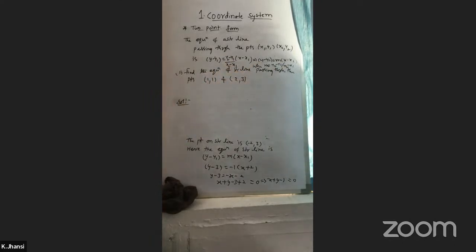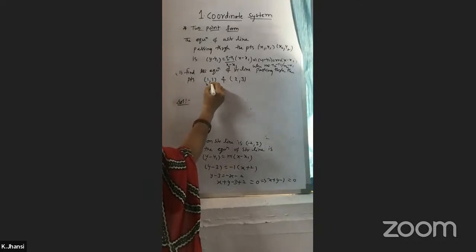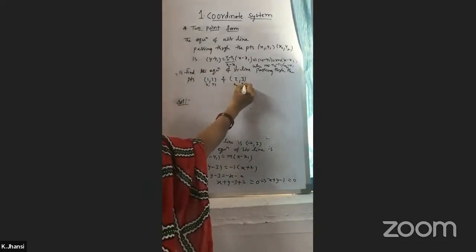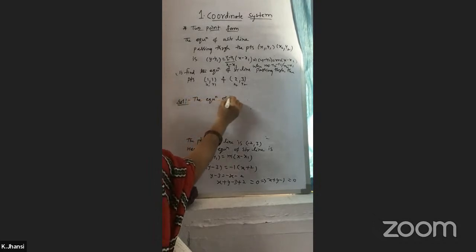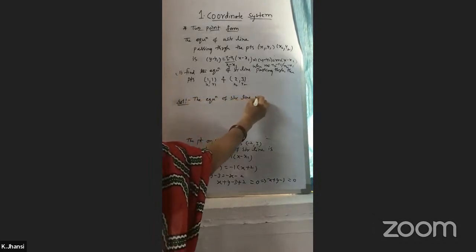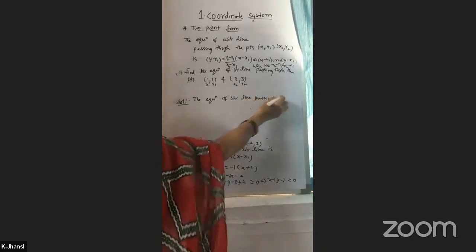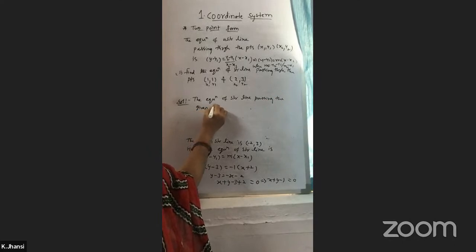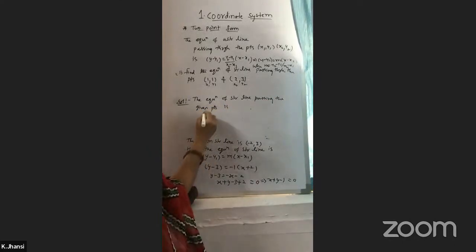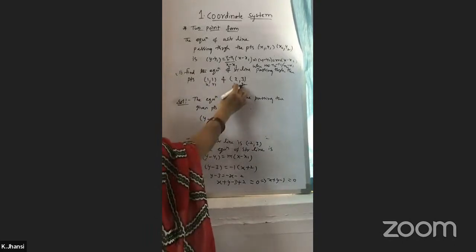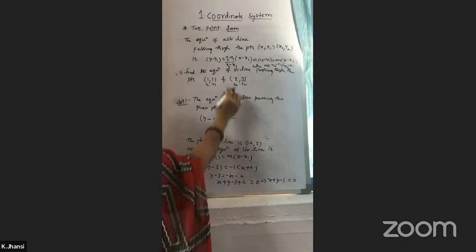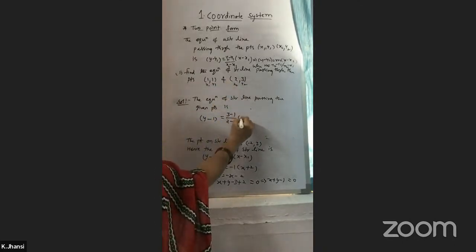So we need the equation, no? For your understanding, you write this as x1, y1 and x2, y2. Okay. So the equation of the straight line passing through the given points is, y minus y1, where y1 is 1, equals y2 minus y1, that is 3 minus 1, by 2 minus 1, into x minus x1. x minus x1 is x minus 1.